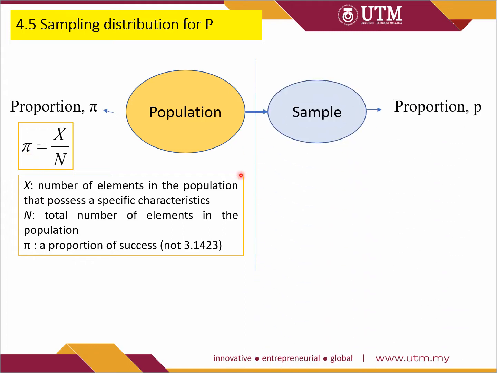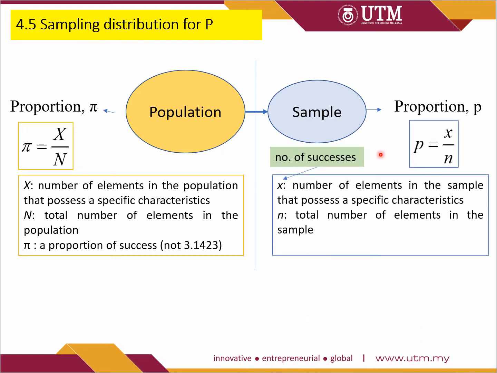From this population, we can choose a sample. The proportion of the sample is defined as small p, and the formula is x over n, where x is the number of successes in the sample, which refers to the number of elements in the sample that possess a specific characteristic, and n is the total number of elements in the sample.